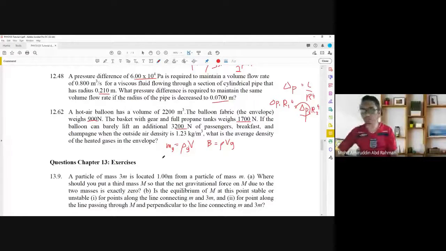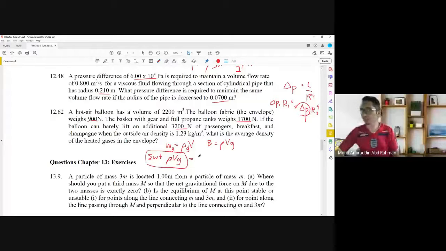Then the total weight plus rho Vg equals, for the gas, rho Vg of the gas. So this is the total weight of the gas and also all of the equipment, right?